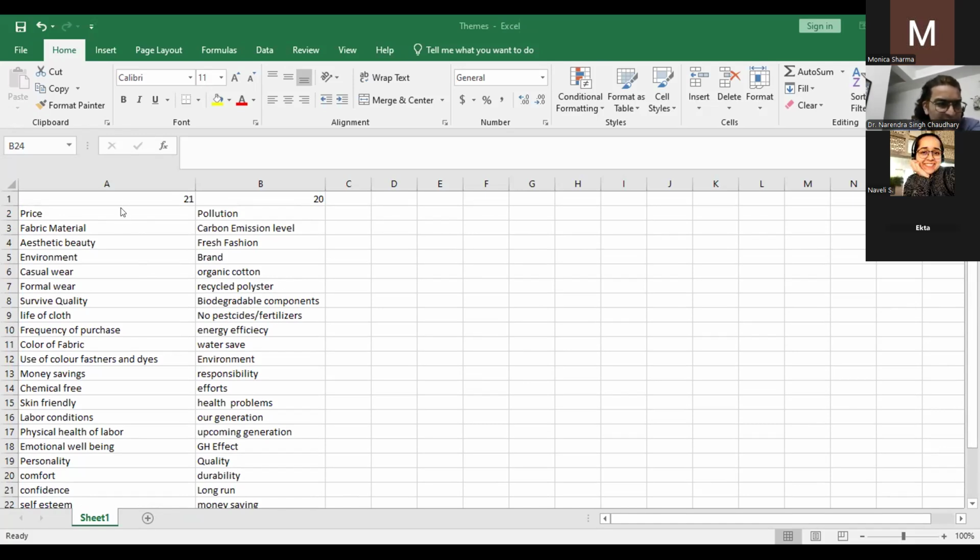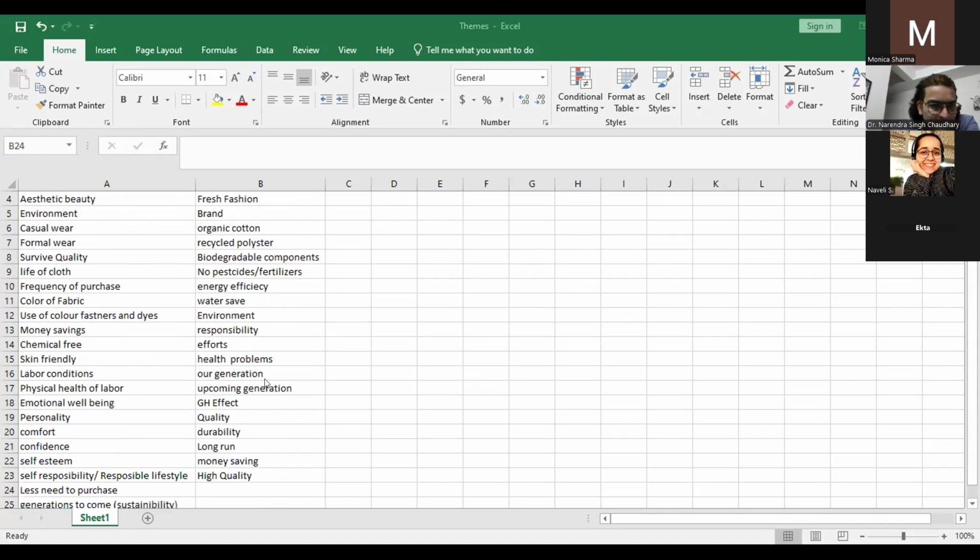Are there similar keywords that you are able to identify? Are there some transcripts in which you identified more keywords in comparison to another? Can you drag it down?